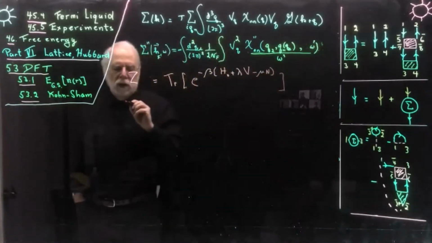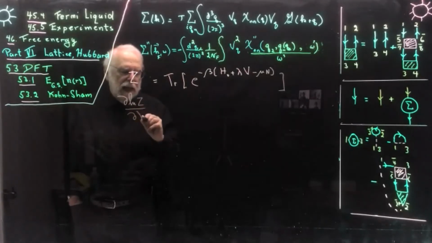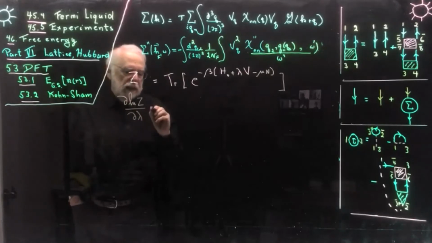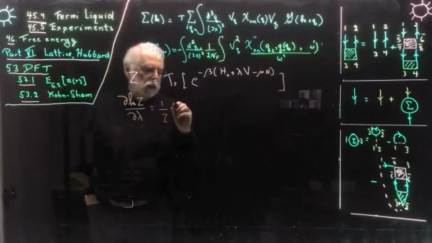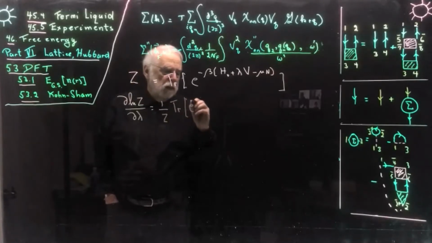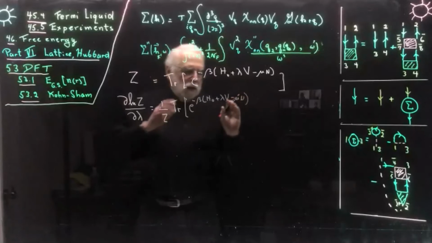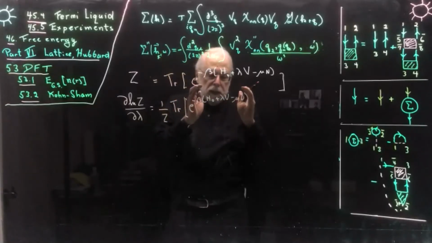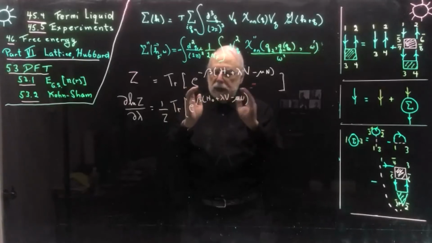So if I compute d log Z d lambda, what is it? It's equal to 1 over Z, clearly, times the trace of e to the minus beta (H0 plus lambda V minus mu N). Now this whole thing commutes with itself, so I can work with all this as if it was an ordinary exponential.